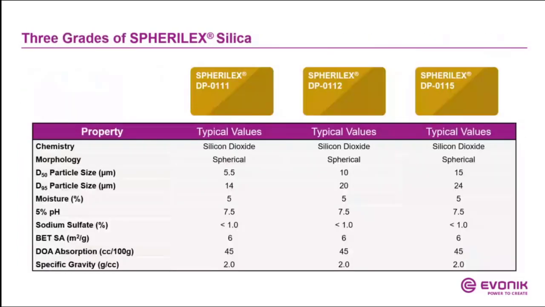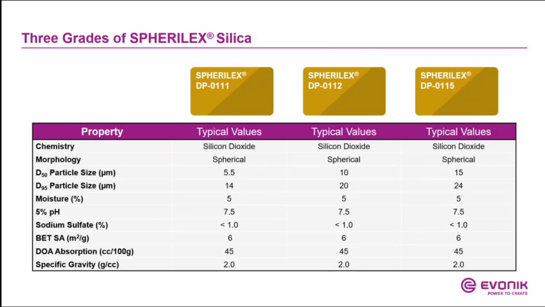Coming to our product portfolio of the new SPHERILEX technology. Currently we have 3 products in our portfolio, from DP111 to DP115. The 3 products vary mostly in the particle size. You see, everything is based on silicon dioxide. All the particles are spherical, but the D50 value varies.